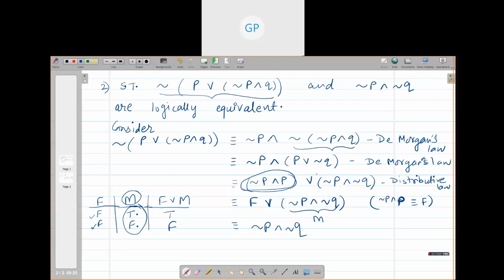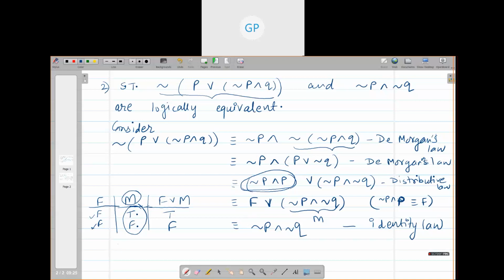Have you understood this step? If not, you can ask me again. Identity law. Yes, this is the identity law. Yesterday we had this law, no? But we had written this a long time back.